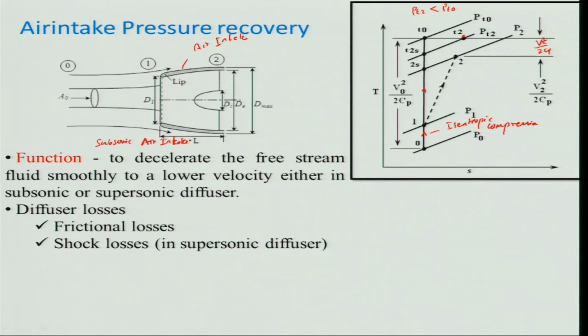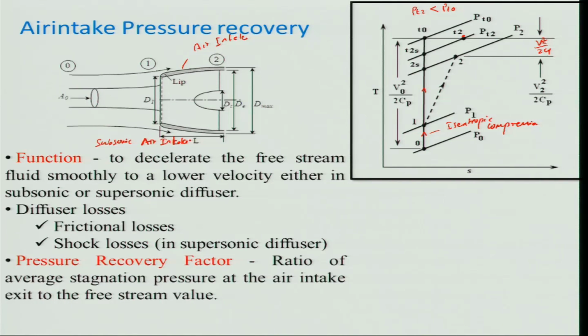So, what are the causes of losses? Frictional losses, and shock losses in a supersonic diffuser. Diffuser or air intake, both can be used interchangeably. So, we need to define a pressure recovery factor, that is basically the ratio of average stagnation pressure at the intake exit to the free stream value.